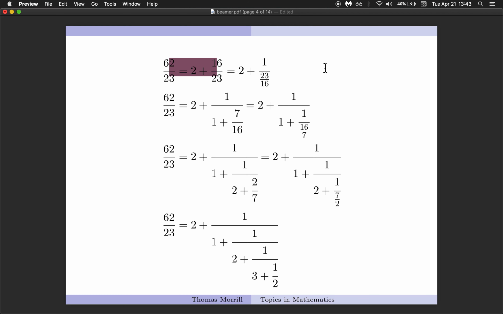My continued fraction form always requires my numerators to be equal to 1, which I do not have. I have a numerator of 16.